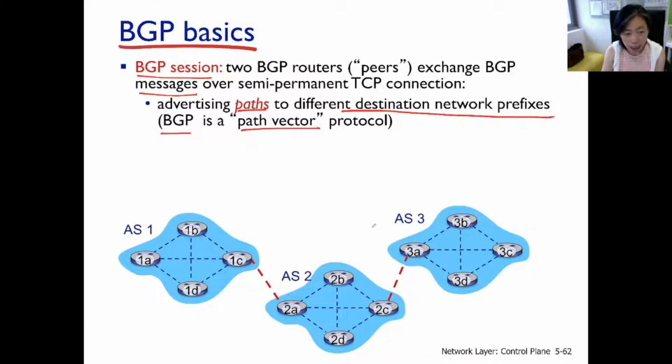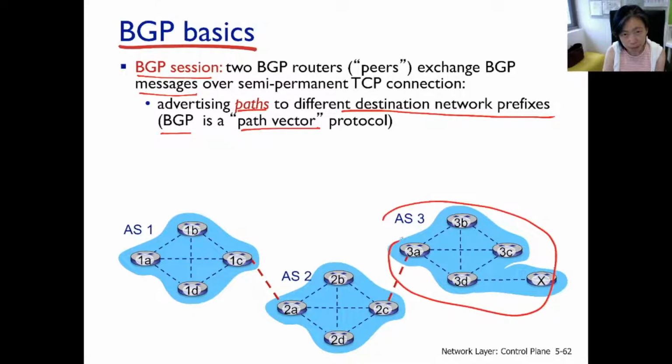Let me give you an example here. Let's say in AS3 there is a prefix X, and this is the destination for packets coming from maybe AS1 or AS2. So AS3, which learns about this destination, will need to announce, advertise it to outside of AS3.